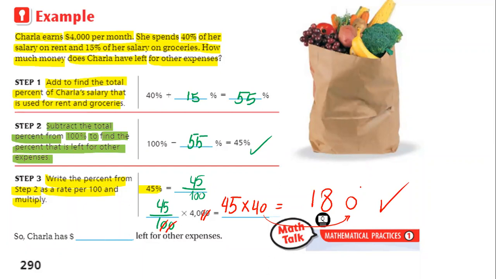So the answer is 1,800, not 180,000. Yes, 1,800 left for other expenses.